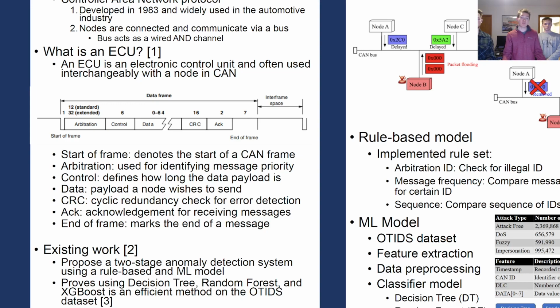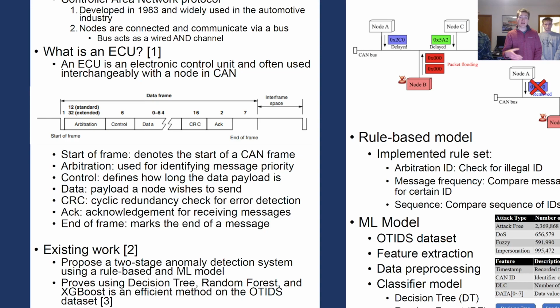So when you have multiple nodes trying to access the CAN channel at the same time, there'll be a start of frame that is sent out, and that's used to synchronize communication across the nodes. And then each ECU that's trying to send a message will begin to send out its arbitration field.